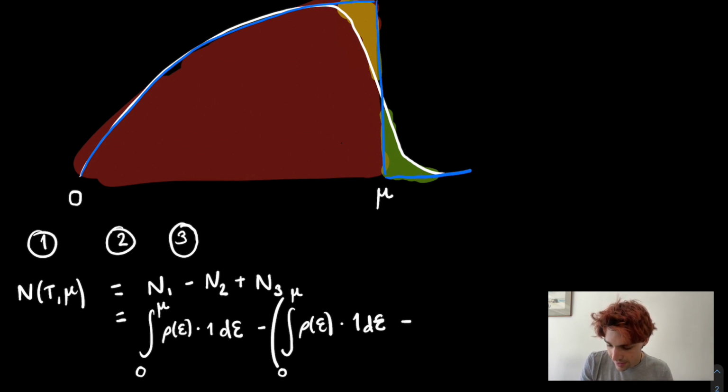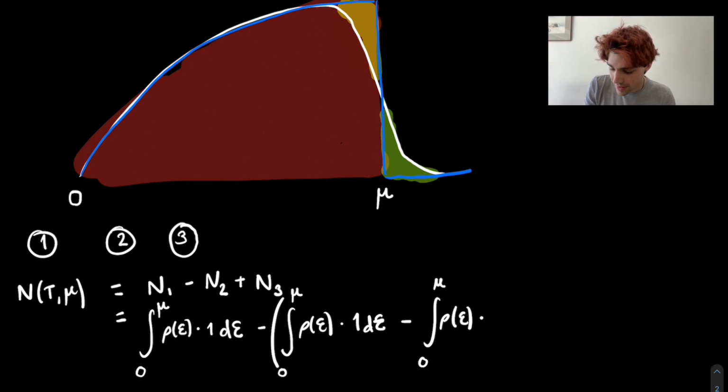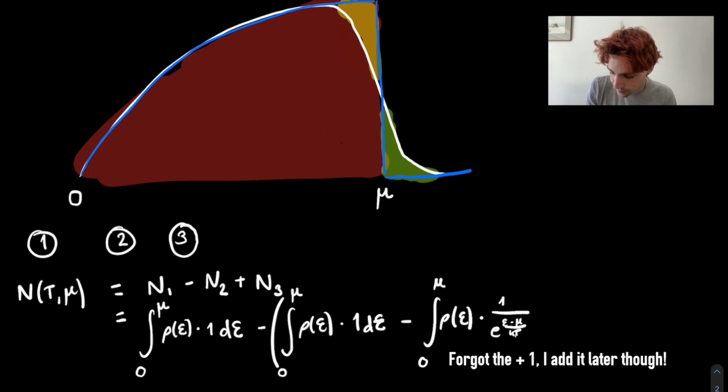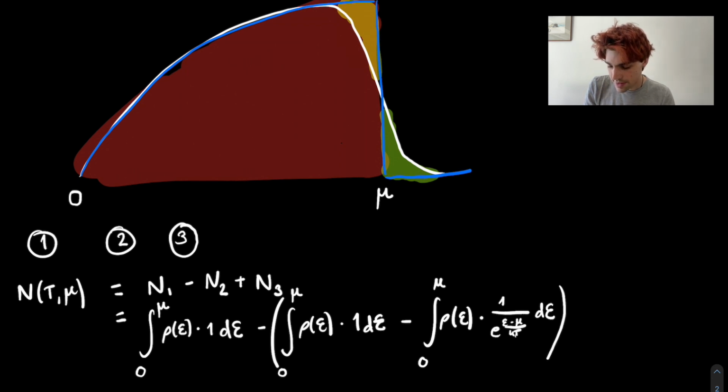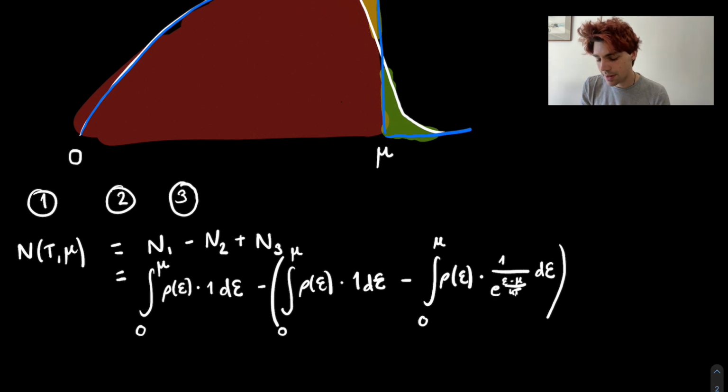Minus, again, the integral between naught and mu, just the bit that is going up to mu, but this time not under the condition that the temperature is 0. So we're going to get the density of states, and we're going to multiply that this time by the Fermi distribution, 1 over e to the epsilon minus mu over kBT, d epsilon. So this is actually going to simplify a bit because of course we have two integrals being integrated under the same limits, and both include the density of states, so we can factor out the density of states.